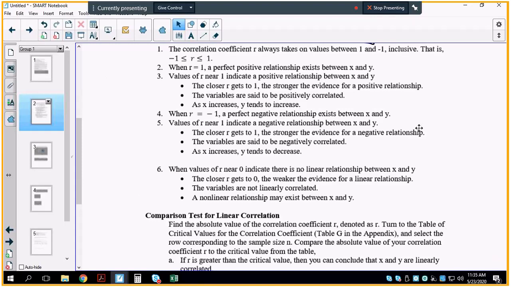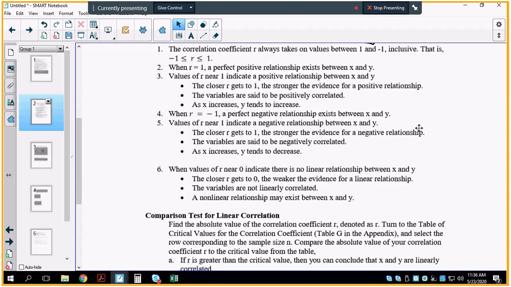When R is equal to 1, we say there is a perfect positive relationship between x and y. The values of R near 1 indicate a positive relationship between x and y. The closer R gets to 1, the stronger the relationship. The variables are said to be positively correlated, and we will interpret that as x increases, y will also increase.